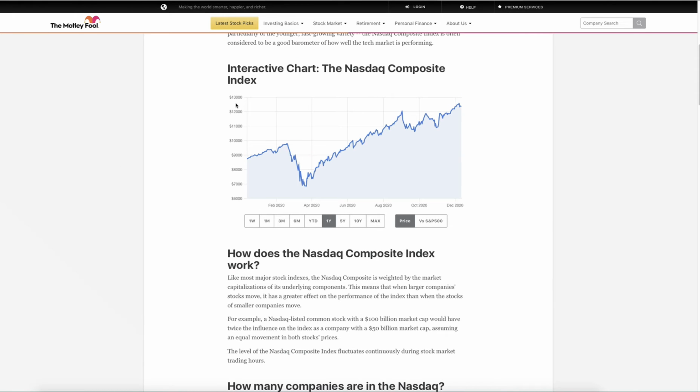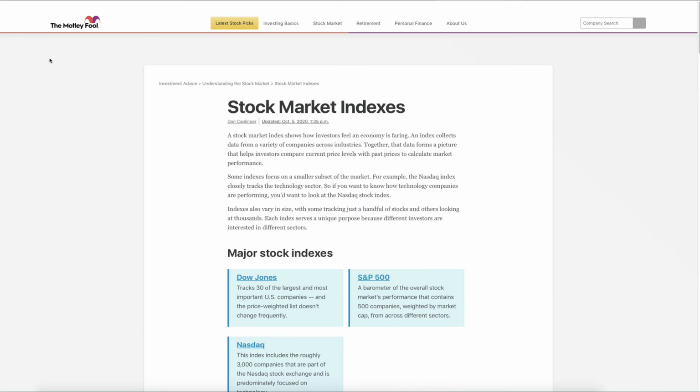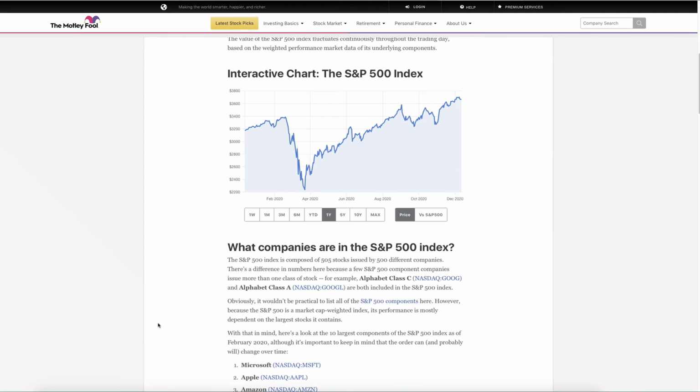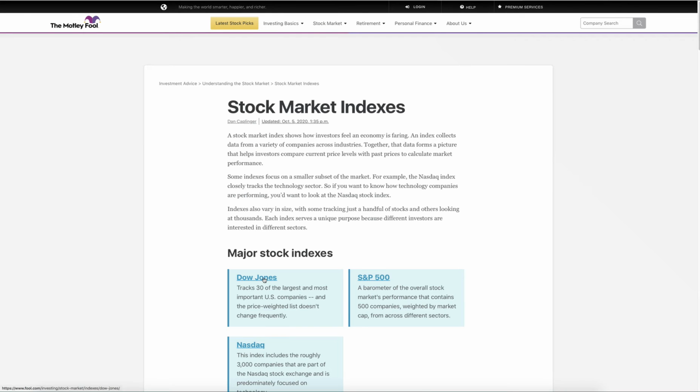You can see the Nasdaq has its own little trend going on here in the uptrend. And if you look at each one of these charts, they do look relatively different. You've got the Nasdaq, and then the S&P, and then the Dow.